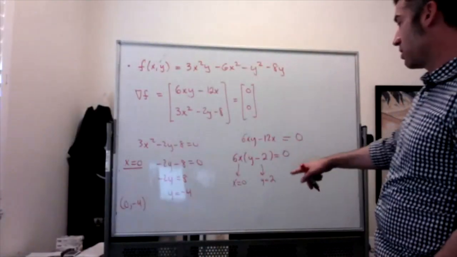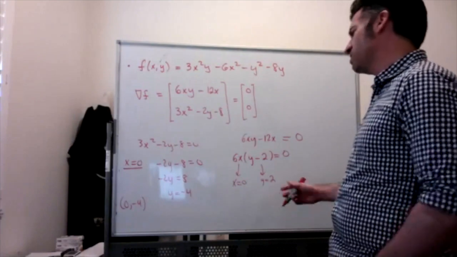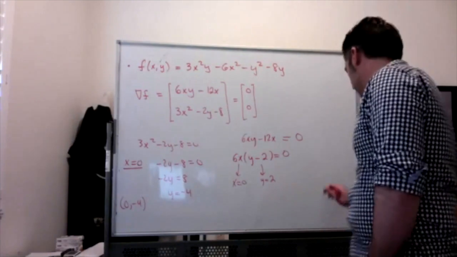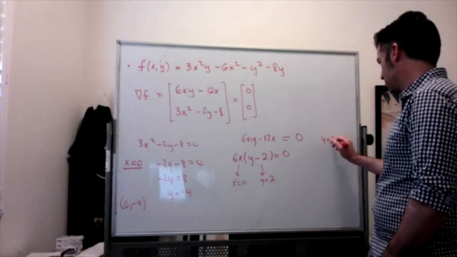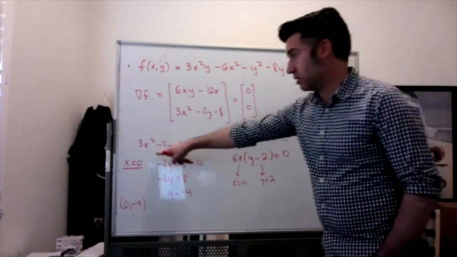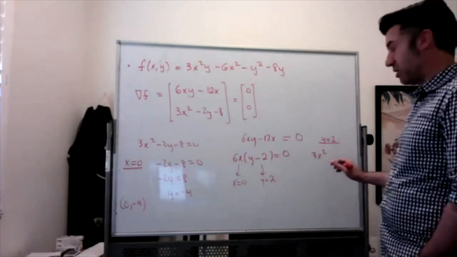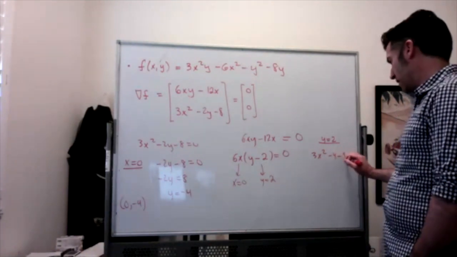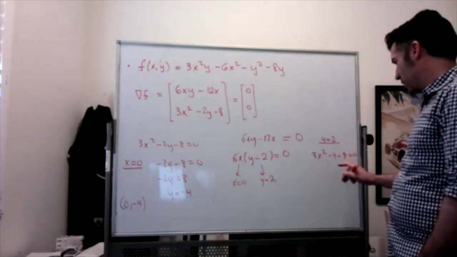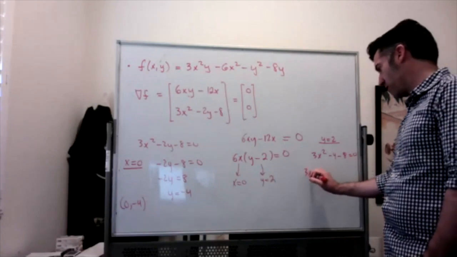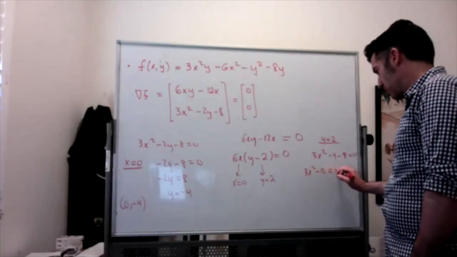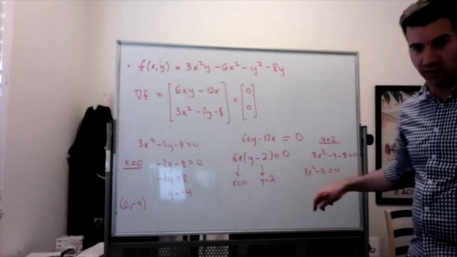So then the other one we're going to plug in is y equals 2. Oh, no, this is right. So we plug y equals 2 into this equation. We get 3x squared minus 2 times 2, which is minus 4, minus 8 equals 0. So that's 3x squared minus 12 equals 0. You can factor or you can add the 12 to the other side.